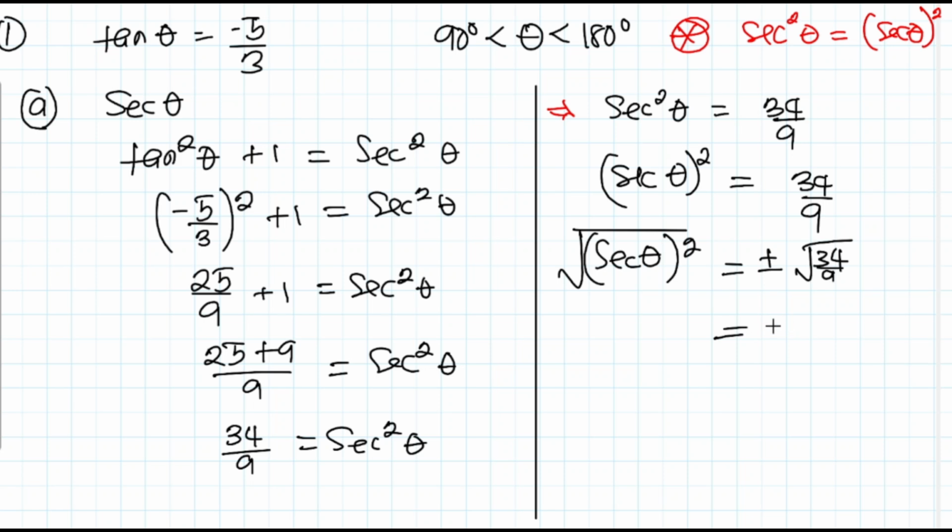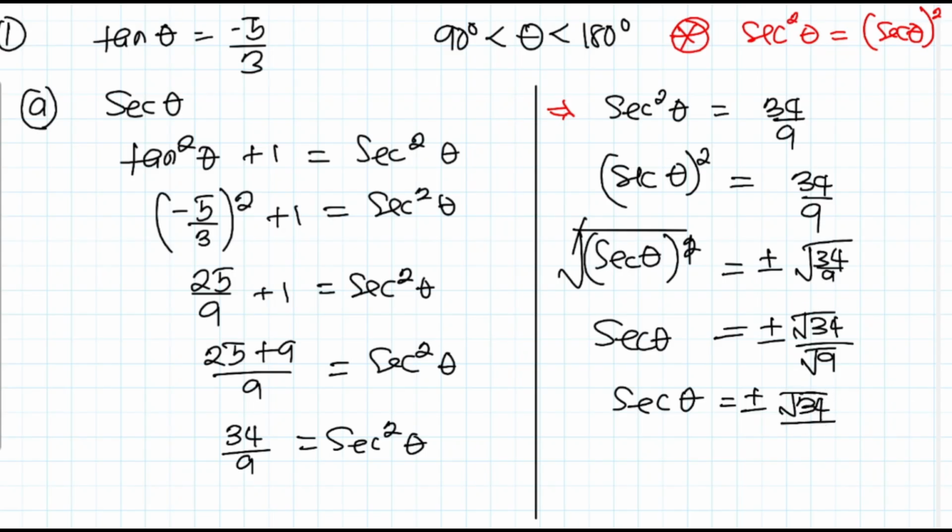We can break this down: square root of 34 over square root of 9. Square root of 9 is 3. So square and square root cancel each other, and sec theta equals plus or minus root 34 all over 3.